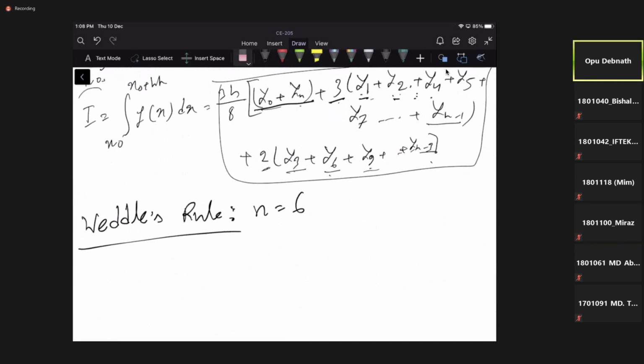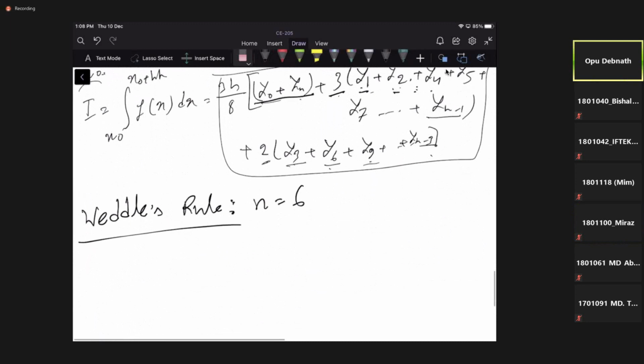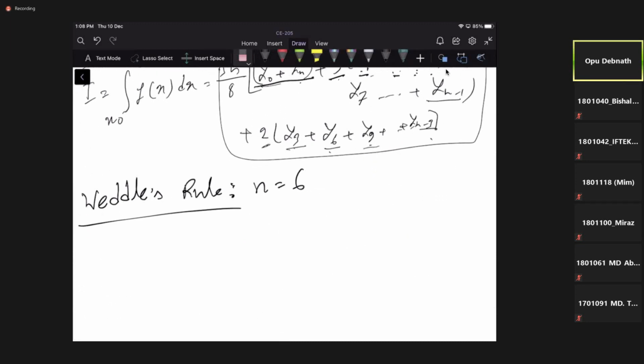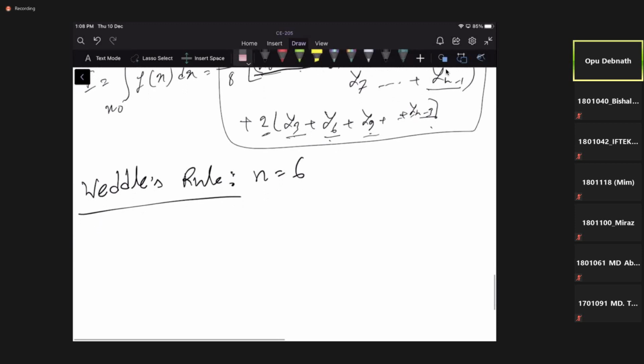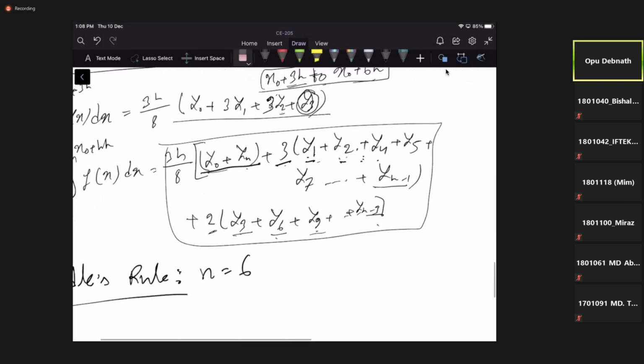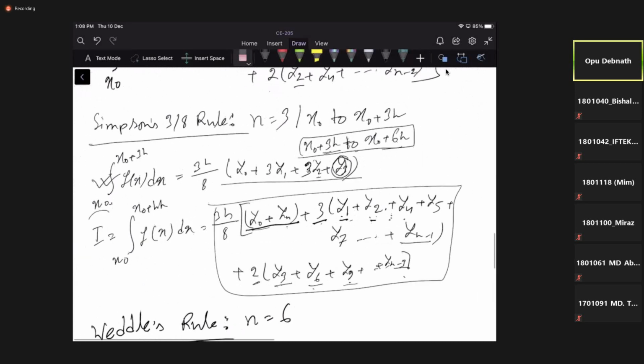Okay, so in Weddle's rule we actually take n is equal to 6, and the higher orders are neglected. Just up to today's class, only consider these 3 rules.